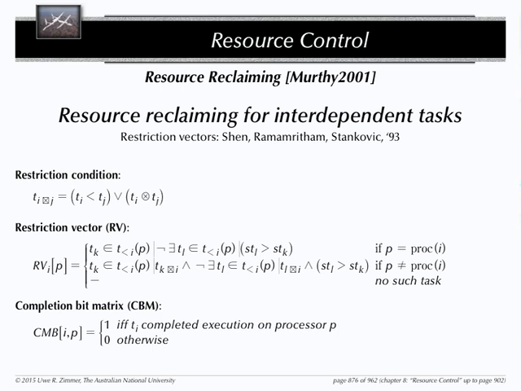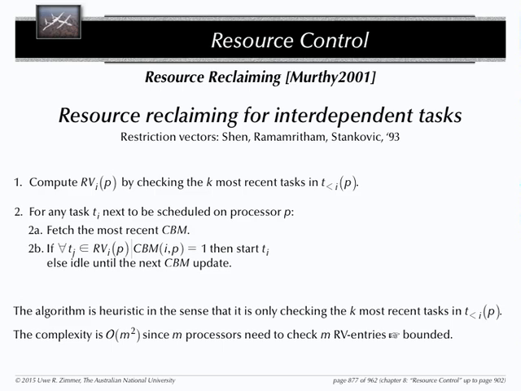To write an algorithm about this, I also have a completion bit matrix which basically says that this task is already done. If it's done, I can ignore it and I can start because I'm not overtaking this anymore, it's already done. So, computing the restriction vectors, I can do this at compile time. In other words, it doesn't cost me anything.